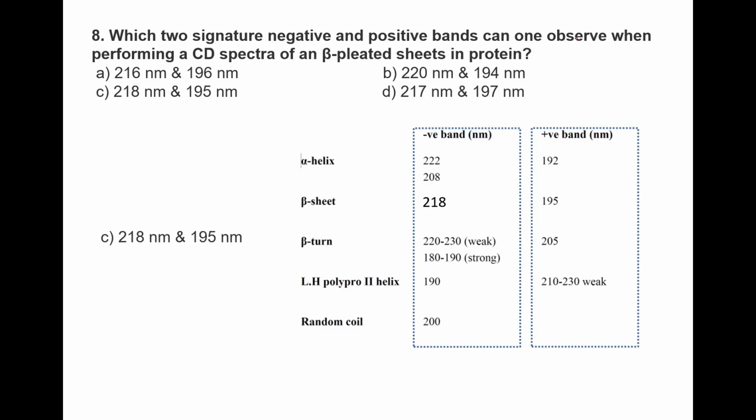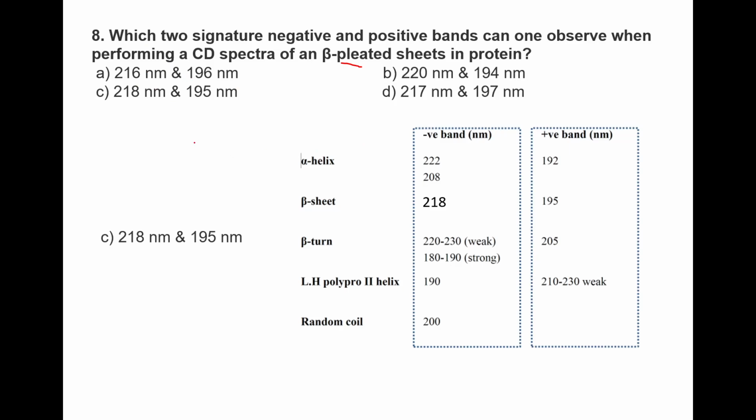Which two signature negative and positive bands can one observe when performing a CD spectra of a beta-pleated sheet? If you search in Google, you will directly get 218 nanometer and 195 nanometer, due to which you get the correct answer here, option C. But it can also be 216 nanometer.